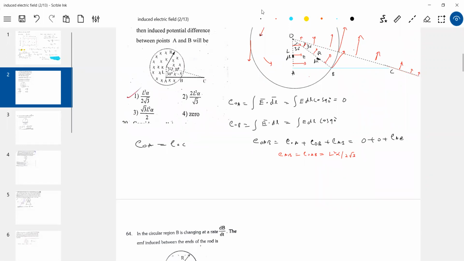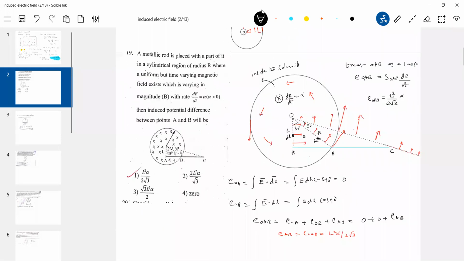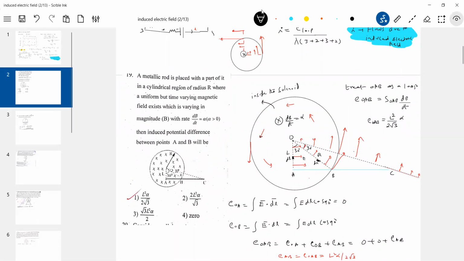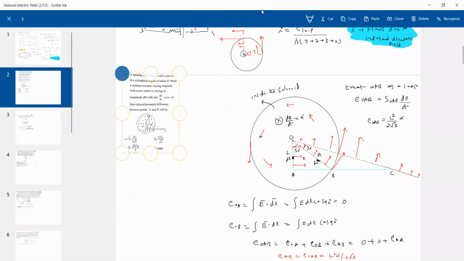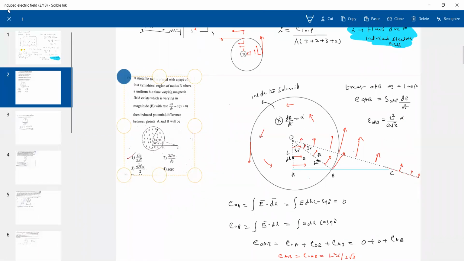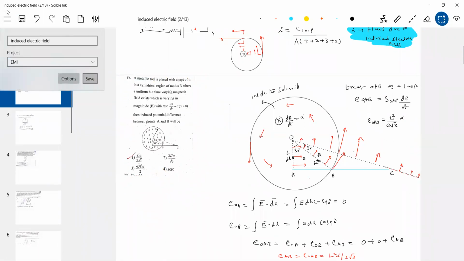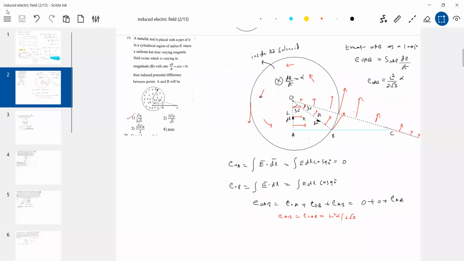I don't have space. I'll continue the next part of the problem here. We are now taking the total triangle OAC.